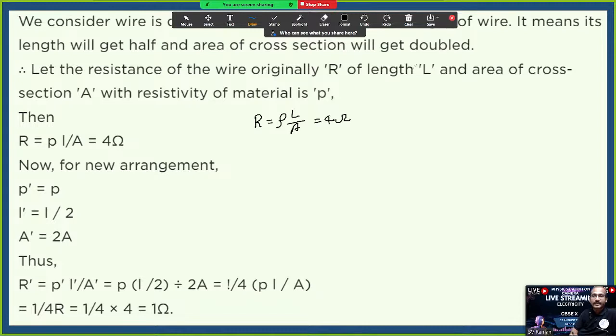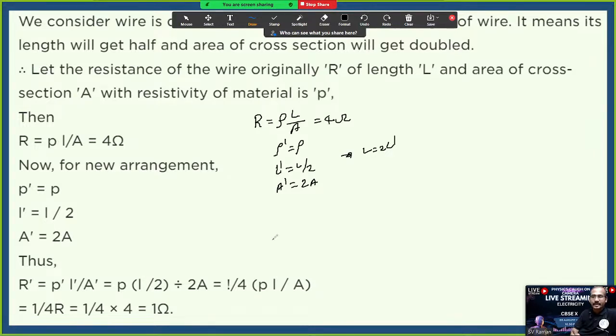Now R is equal to 4 ohms. Resistivity will be the same, wire will be the same. So rho dash is equal to rho, L dash is equal to L by 2, and the cross section area will be 2A.